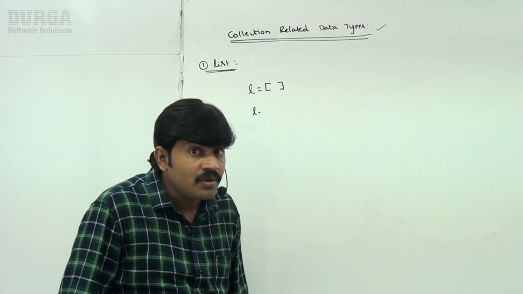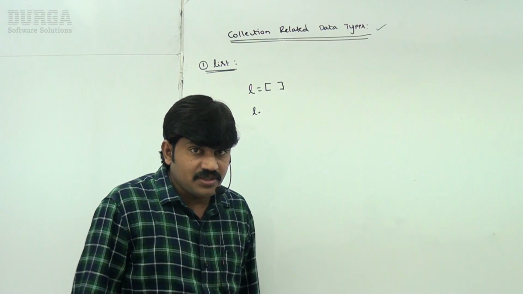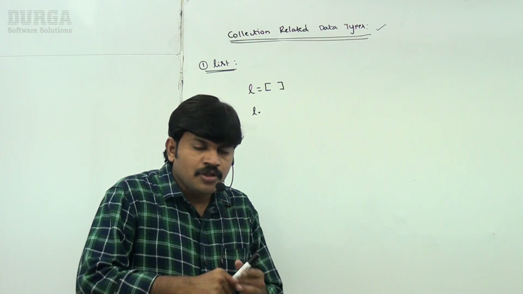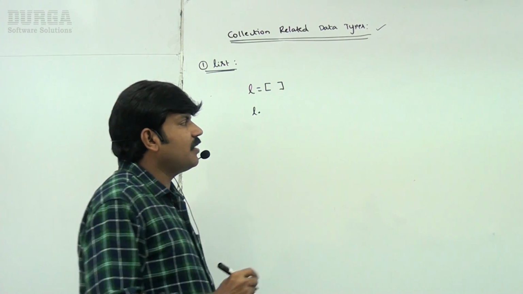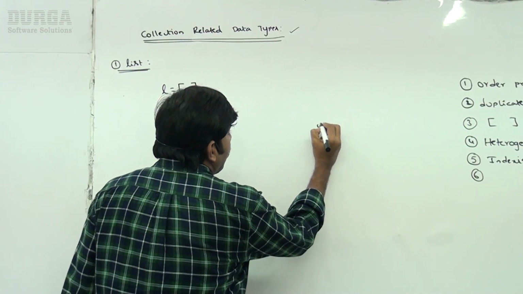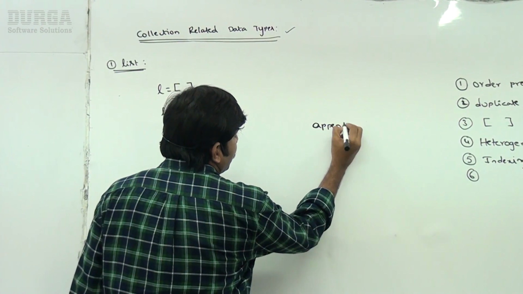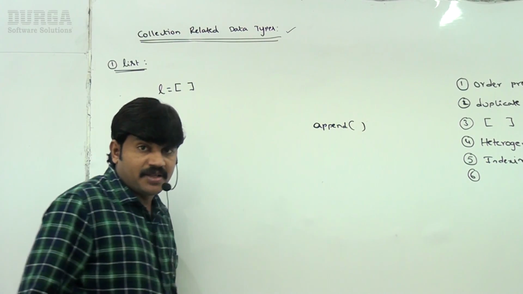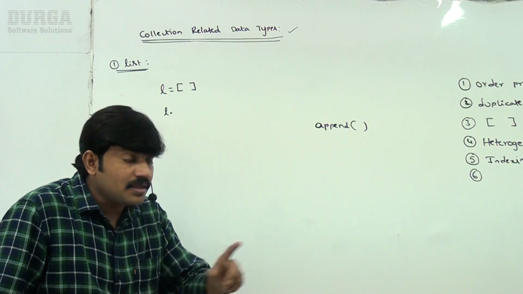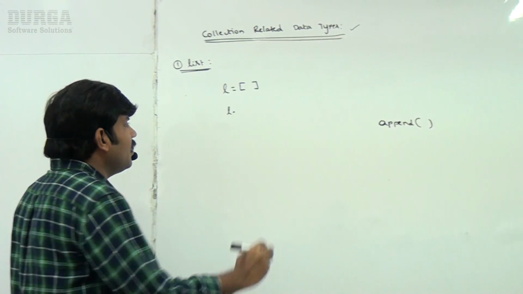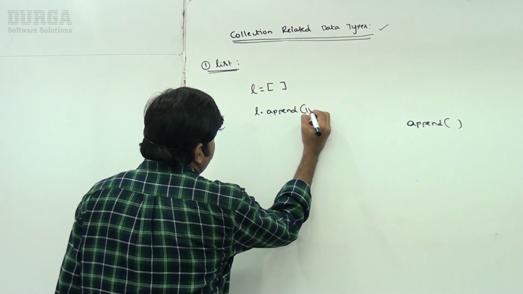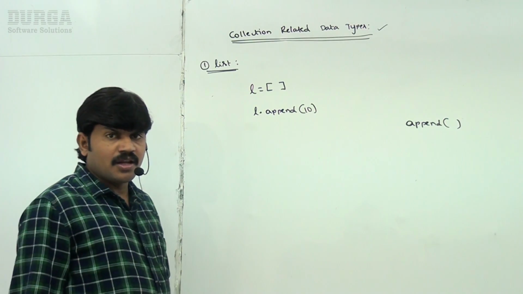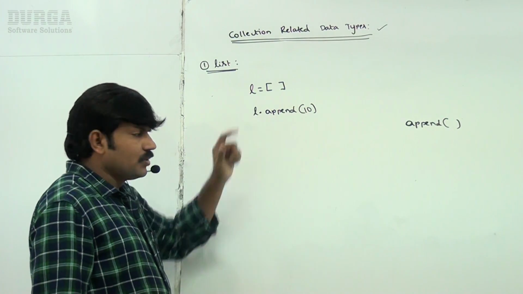Now I want to add an element to this list. If it is a list and you want to add an element, we require to call one method. What is that method? Append. The append method we have to call to add an element to the list. Now observe, L dot append of 10. Now I added 10 to this list.